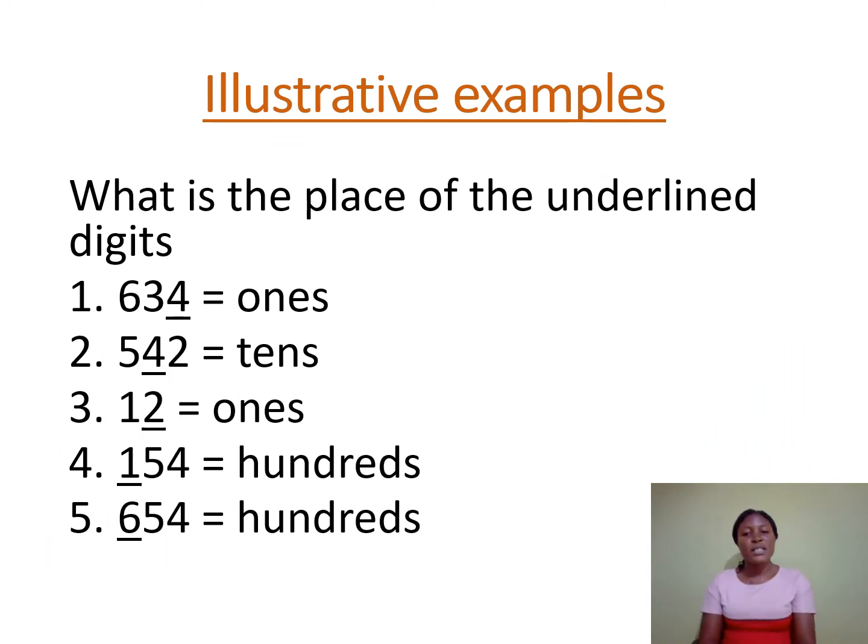Now let's look at these illustrative examples. Let's find the place value of the underlined digits. What is the place of the underlined digits? We have number 1 to be 634, and the underlined digit is 4.